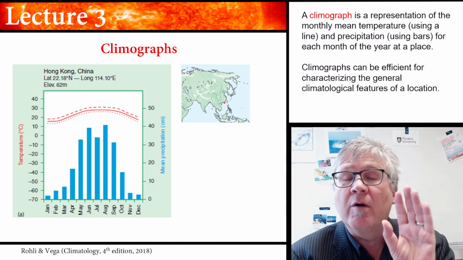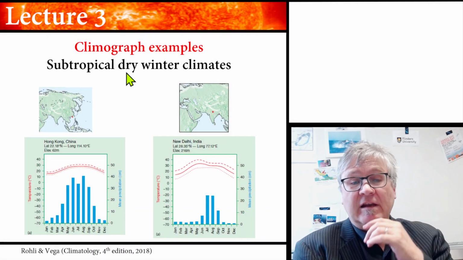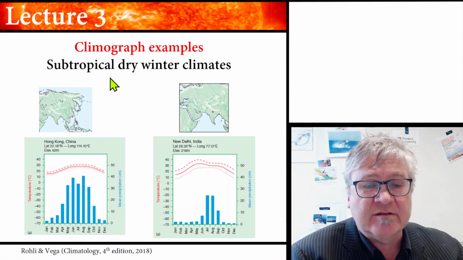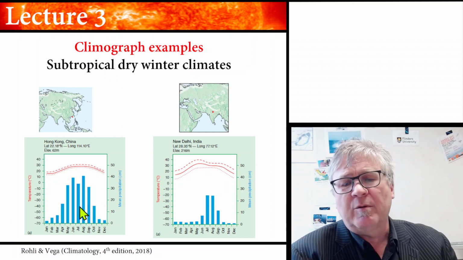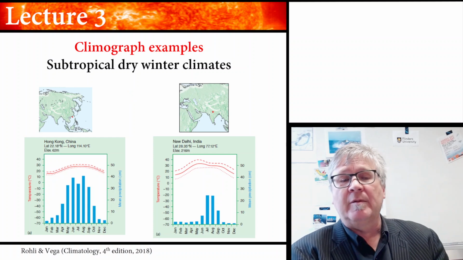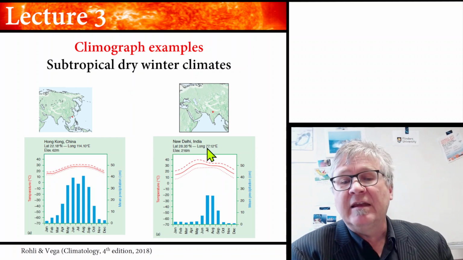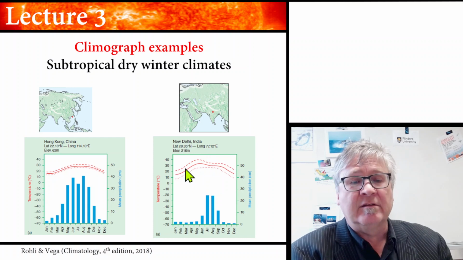You can now do a comparison with another region. I'll just show you on the next slide. On the left side is Hong Kong, again, what we just discussed, and you can compare it with a region which also has a dry winter climate, also subtropics, New Delhi in India. Okay, you can look at the temperatures.